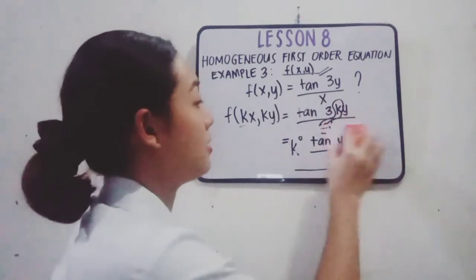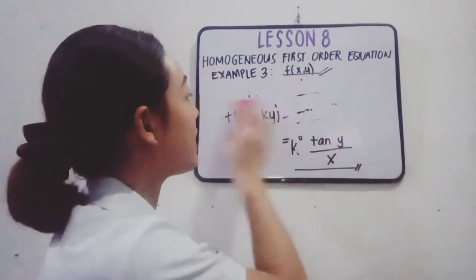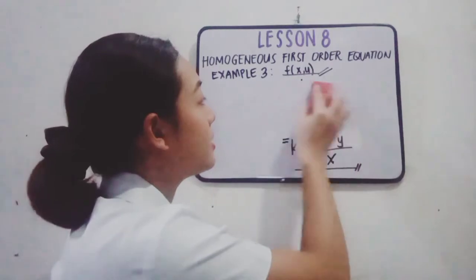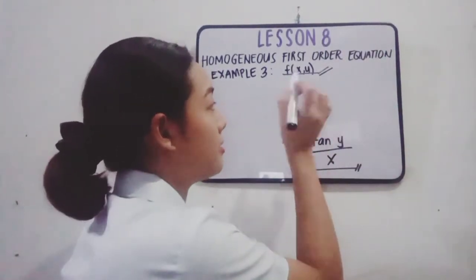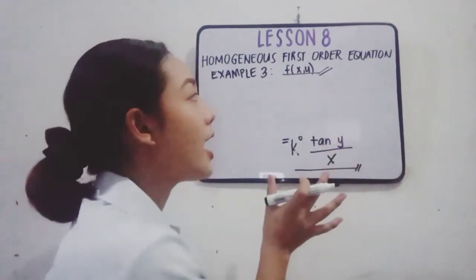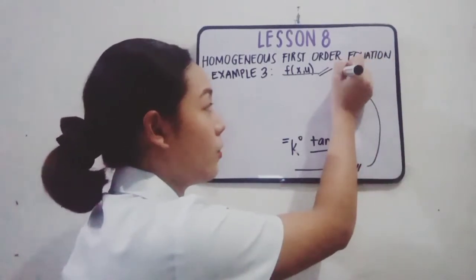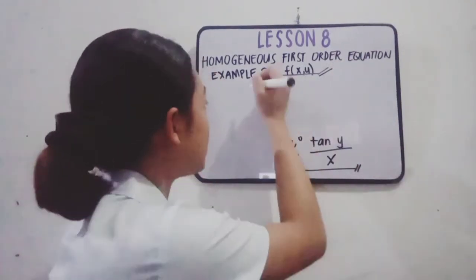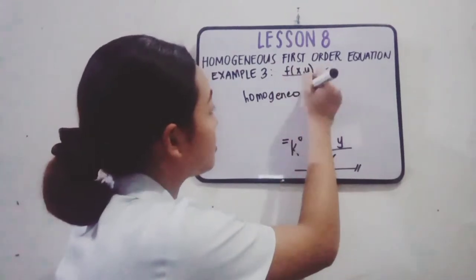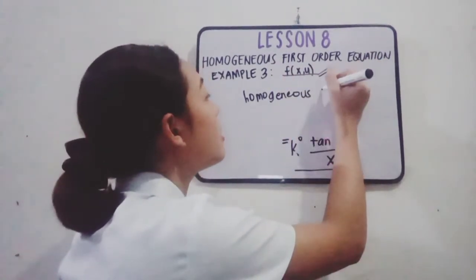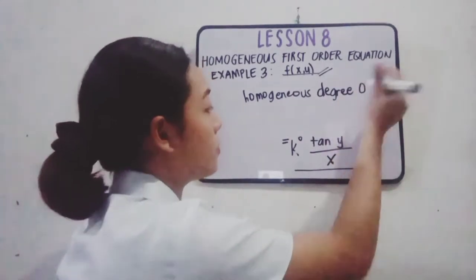How can we say that this is homogeneous? Because once we apply the given, the answer goes back to the original form. This answer is homogeneous in degree of 0.